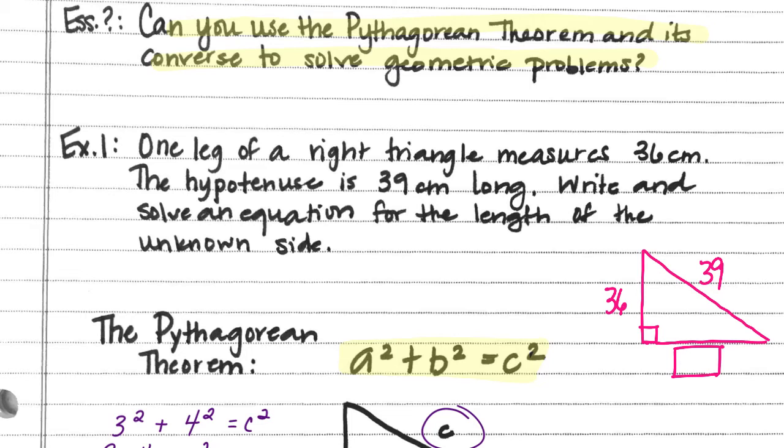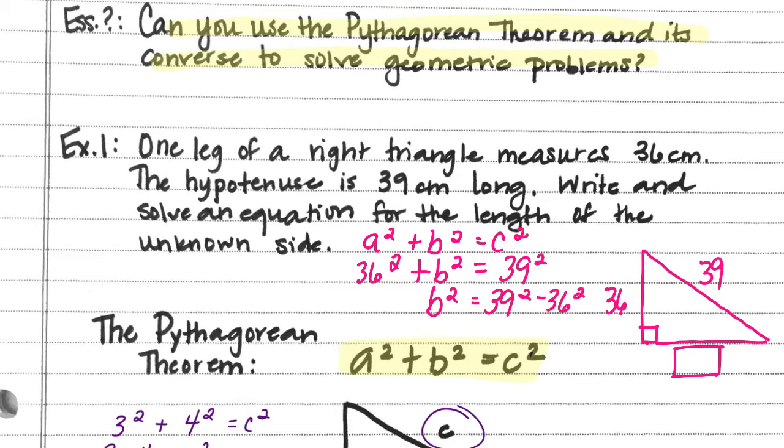So we have a squared plus b squared equals c squared. And if I put in my a squared, I could say 36 squared plus what squared equals 39 squared. So notice I can go ahead and subtract that. 39 squared minus 36 squared.